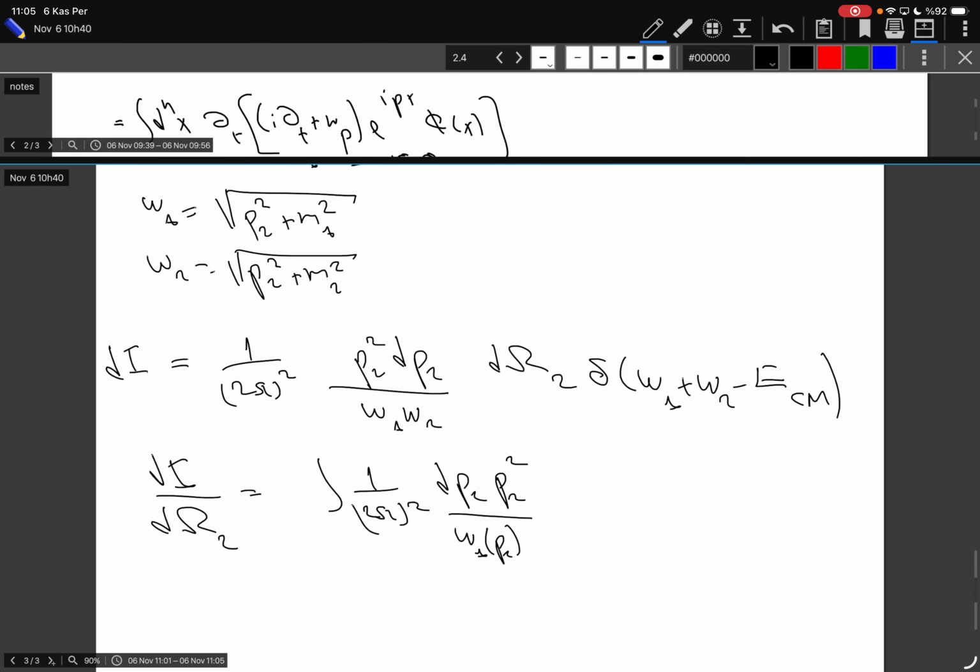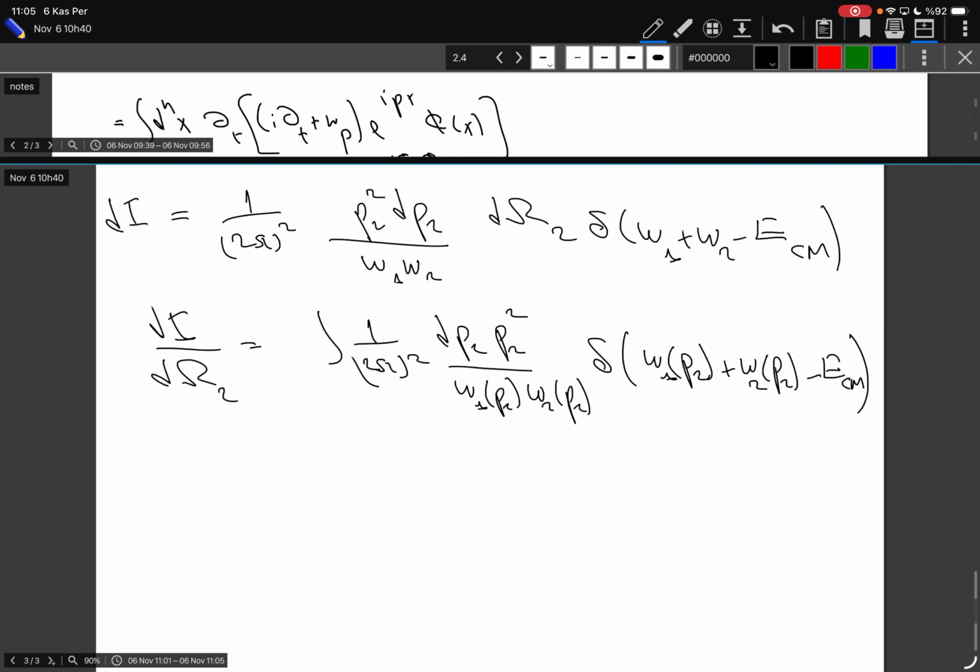Remember, these all depend on P2. The Dirac delta also depends on P2. Now I have one integral, one Dirac delta. Well, I can evaluate this integral using that Dirac delta.